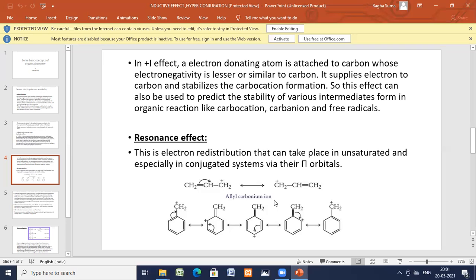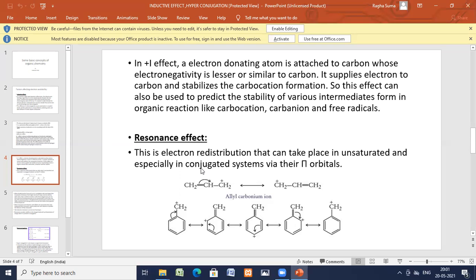Generally, the effect in which pi and n electrons, that is, lone or non-bonded electrons, influence the electron density is known as the resonance or mesomeric effect. This is generally observed in molecules having alternate double bonds.